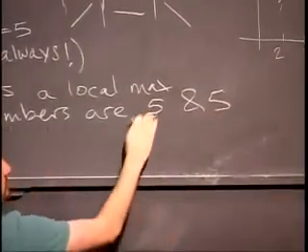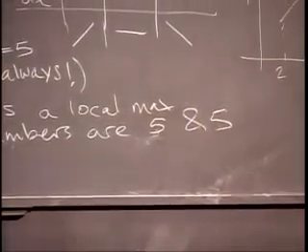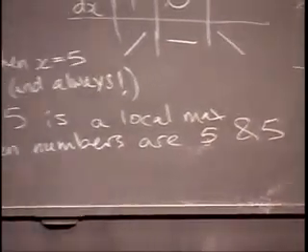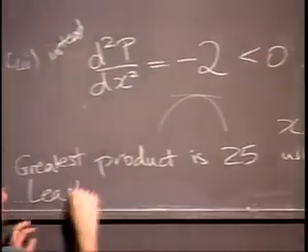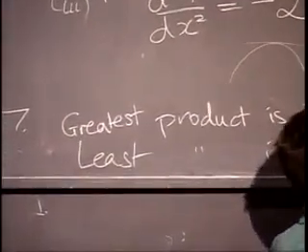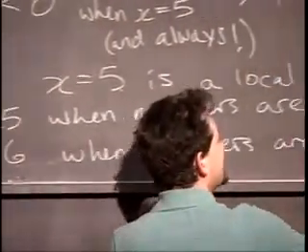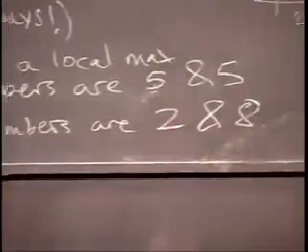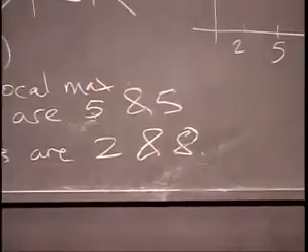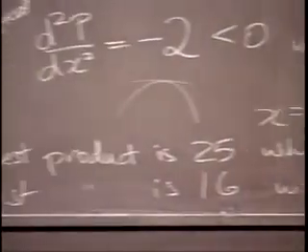You have to solve for y to find the other one, and of course it's 5. And the least product is 16 when the numbers are 2 and 8. There's no need to write 8 and 2. I think that's okay. We can cope with 2 and 8 being the same as 8 and 2.